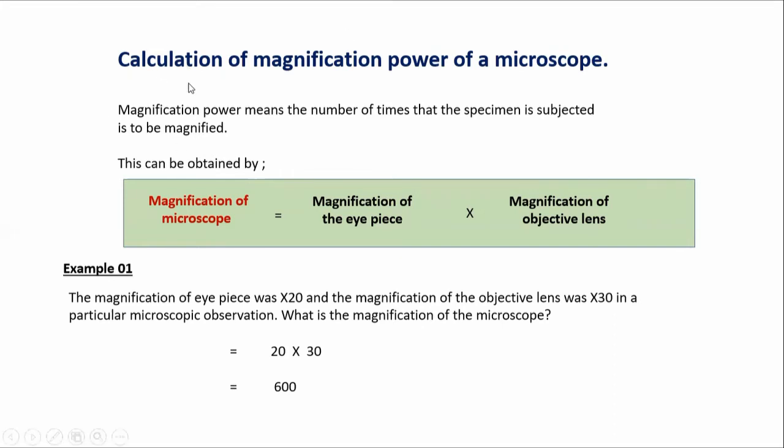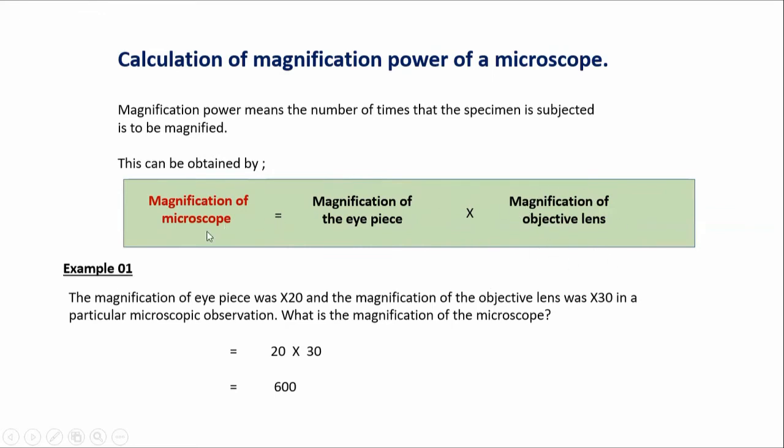You can calculate the magnification power by this equation: you multiply the magnification of the eyepiece by the magnification of the objective lens. Simple as that. So if you are asked to calculate the magnification of a microscope, you simply multiply the magnification of the eyepiece and the magnification of the objective lens.